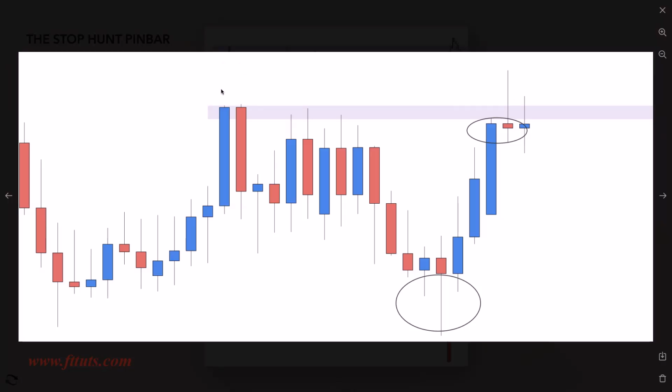We have an area that's been rejected once, twice, 3 times. As traders, you're not taking profit here. This is not somewhere where you're going to be looking to take profit, is it? You're going to be taking profit somewhere around the problematic area. Again, if you're getting short, you're going to be getting short somewhere around this area here, not here.